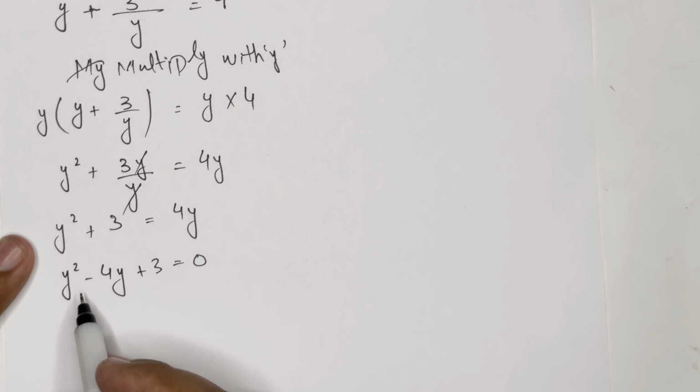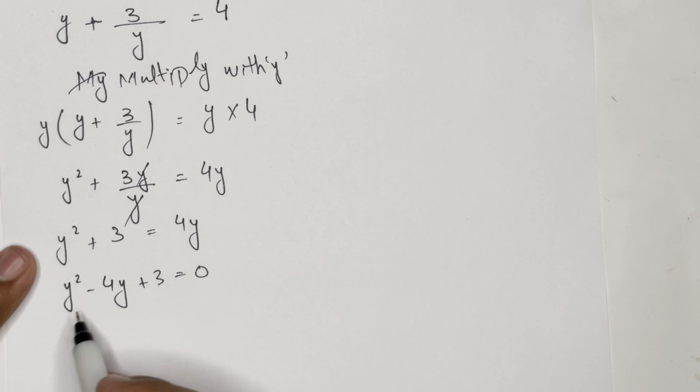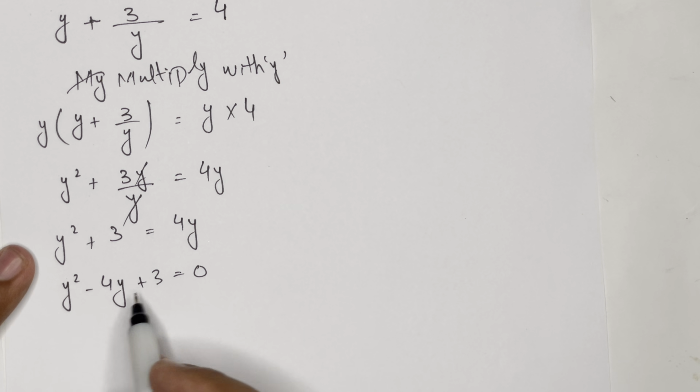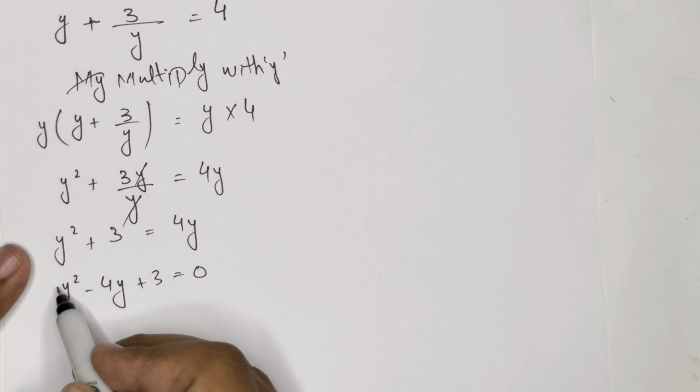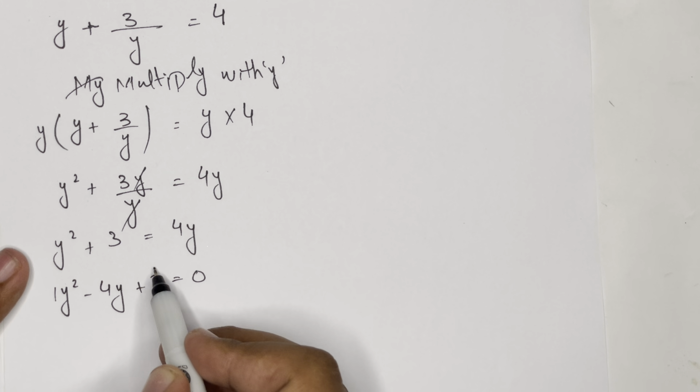Now first of all I am going to factor this equation. For factors I am going to multiply the number here, 1, and this one, 3.